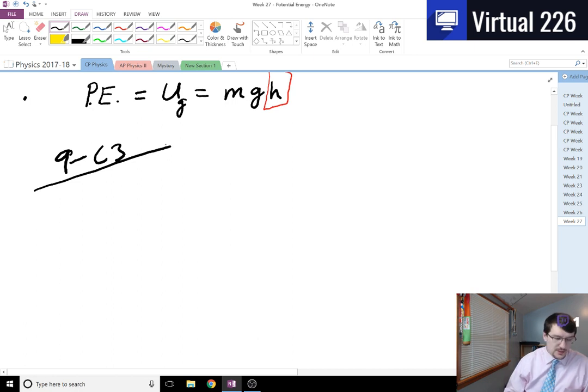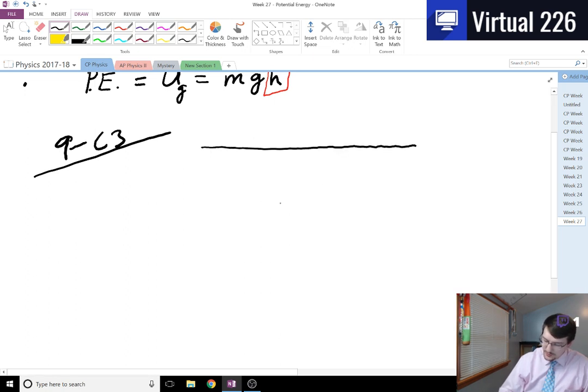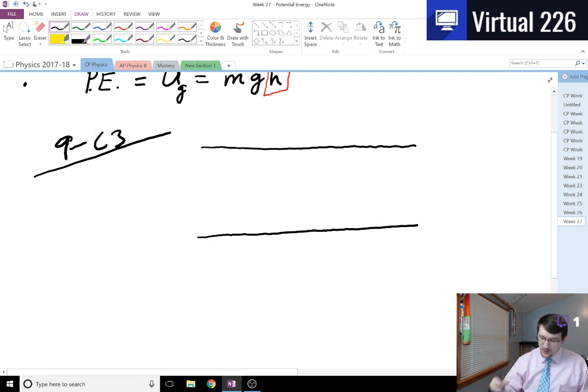What we're going to look at here is a 9-C3 problem. What this problem is, we have a wonderful room. I'll draw a little picture here because pictures are always worth more than the words themselves. We have a wonderful room and a lamp is suspended from a chain from the ceiling. Let's turn that lamp on. Wonderful.